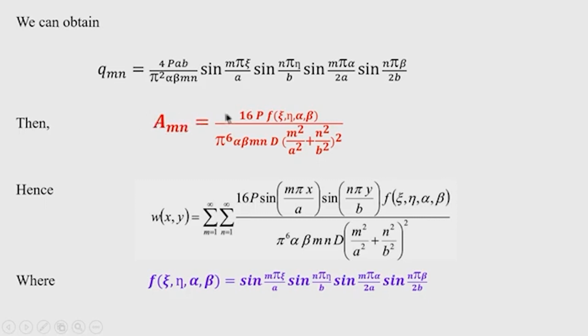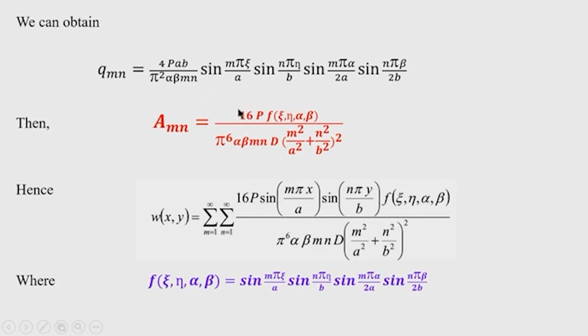So, for Amn you can see 16 P and some qmn. 4 into 4 was there, so 16 is there and a b will get cancelled.